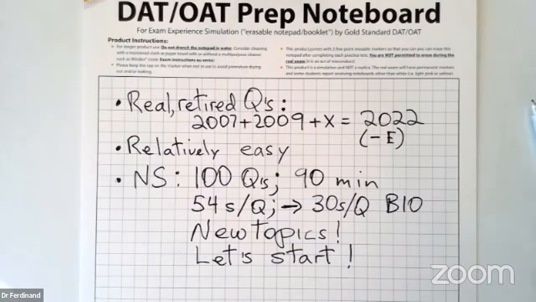Gene expression, genomics, epigenetics, well, although those are covered, of course, in biology undergraduate courses, they certainly were not in the past DAT exams, and they are now appearing on real exams. So that is partly part of the benefit.